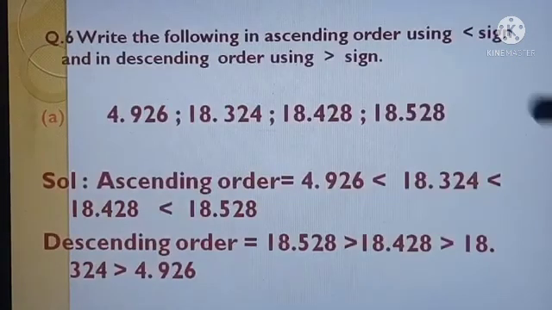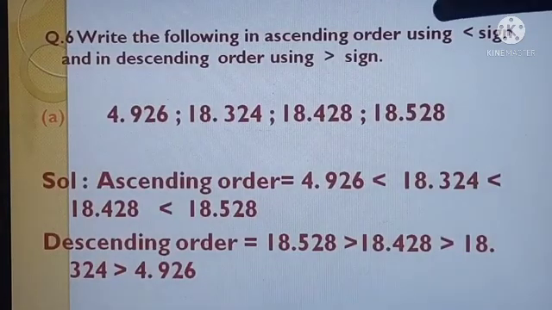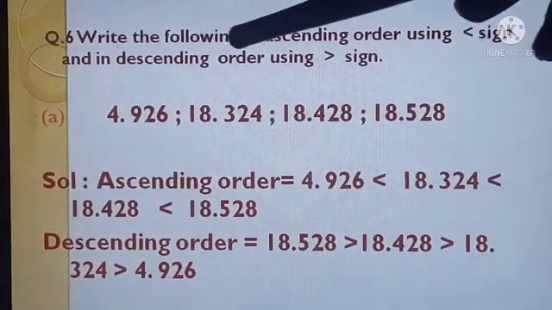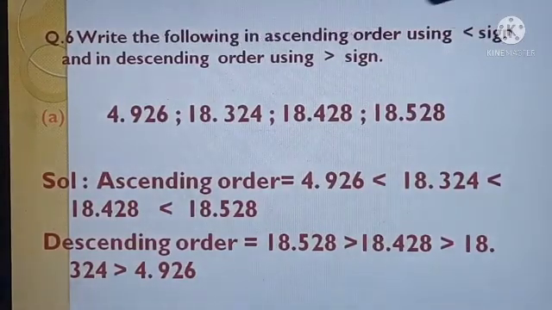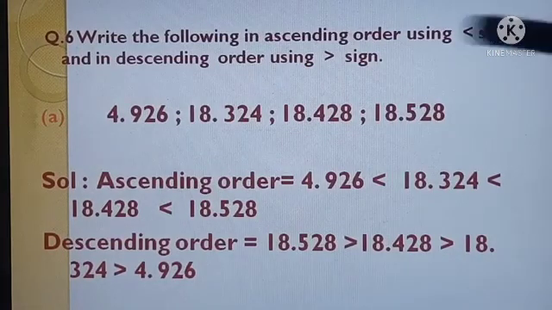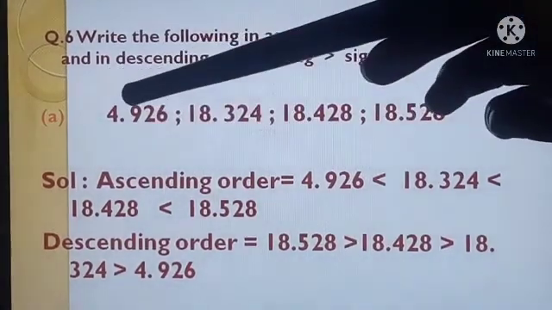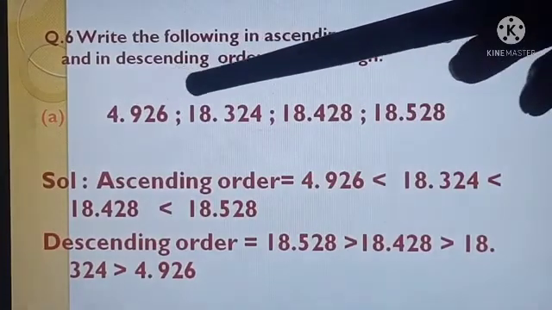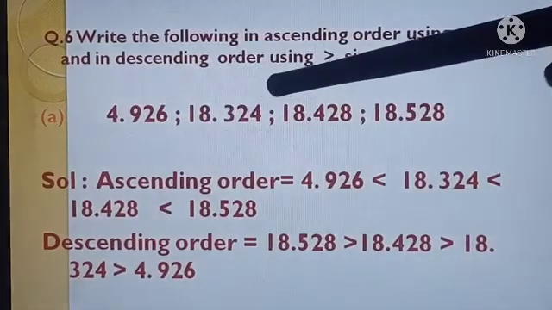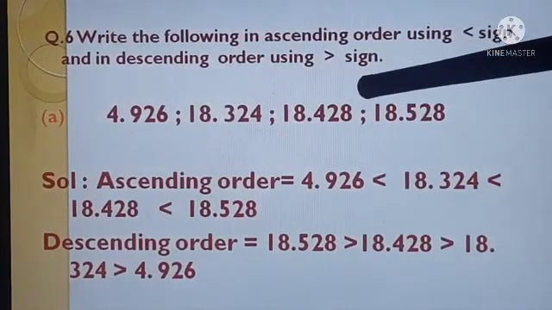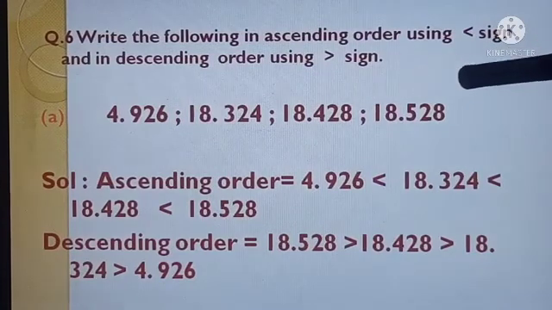Now question number 6. Write the following in ascending order using less sign and descending order using greater sign. A part: 4.926, 18.324, 18.428, 18.528.